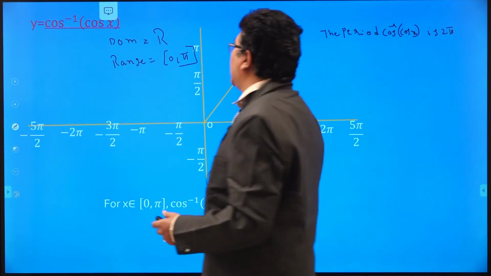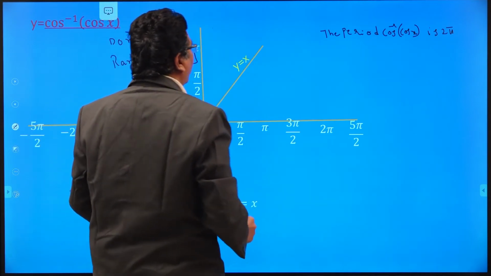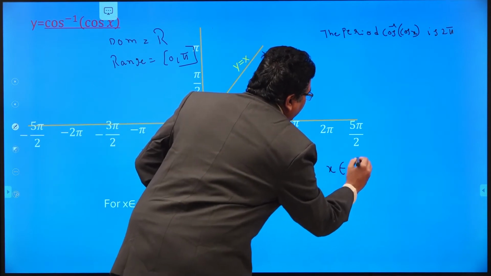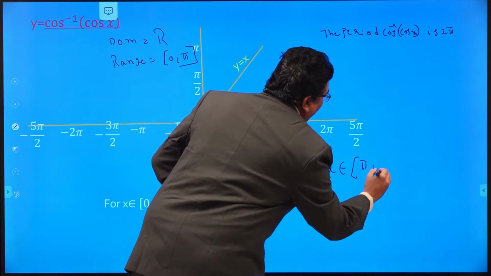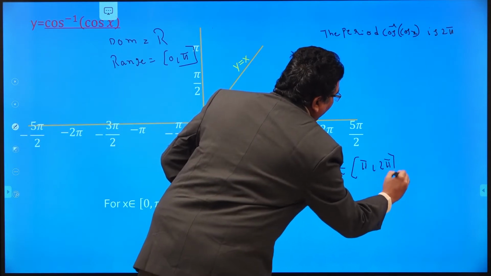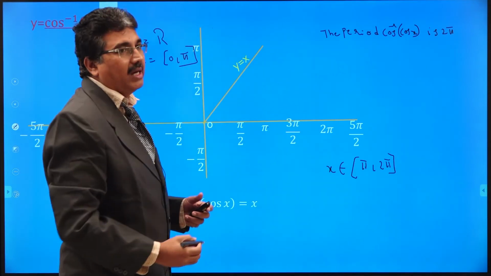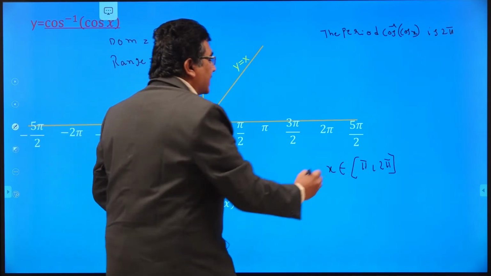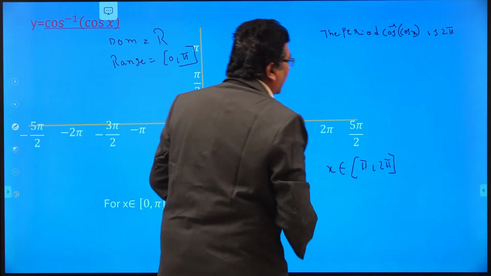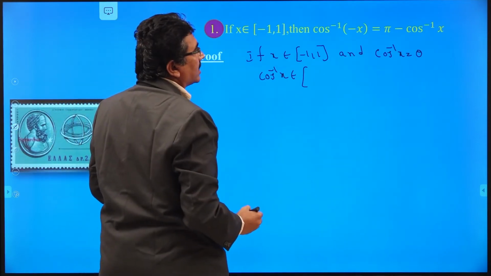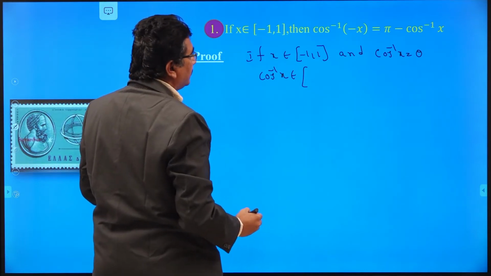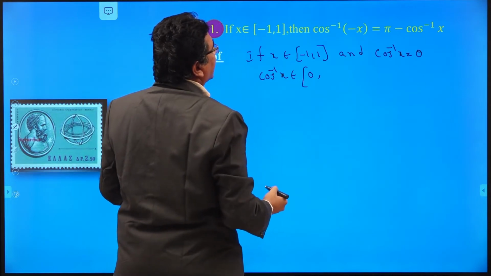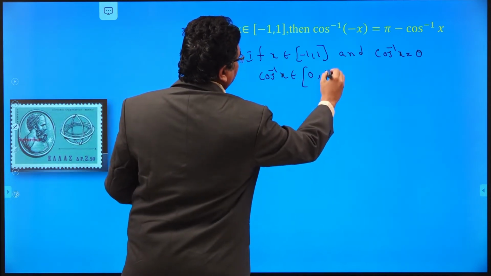Now, what is the shape of the graph in the interval pi comma 2 pi? If x belongs to the closed interval pi comma 2 pi, what is the shape of the graph? Since cos inverse is a decreasing function, cos inverse 1 is 0 and cos inverse of minus 1 is pi.